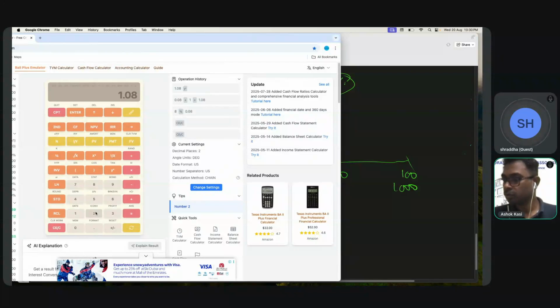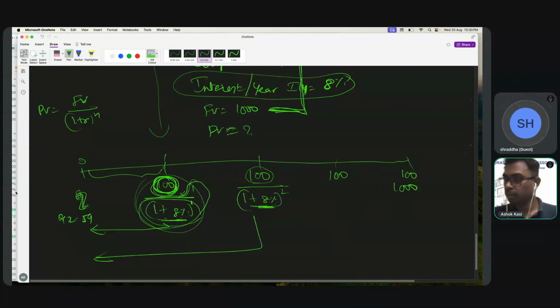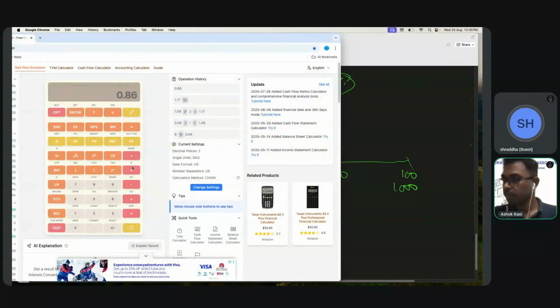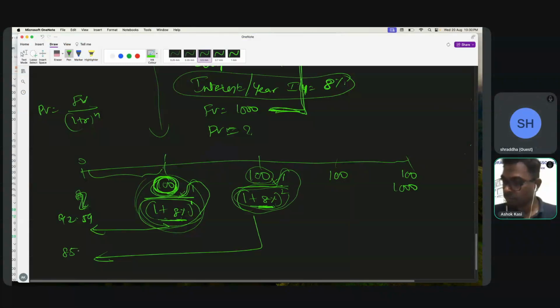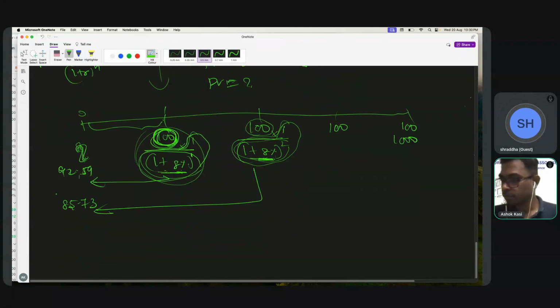So 1.17, and then inverse it because it is in the denominator. If this is x, what I want is 1 by x. So 1 by x into 100 is 85.73. I'll store this one.